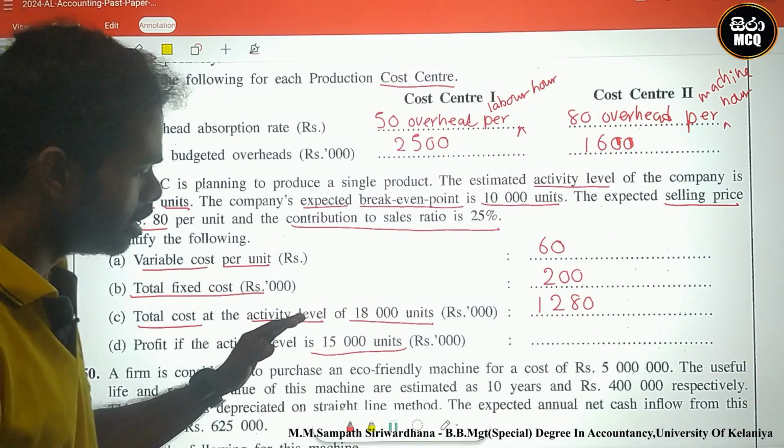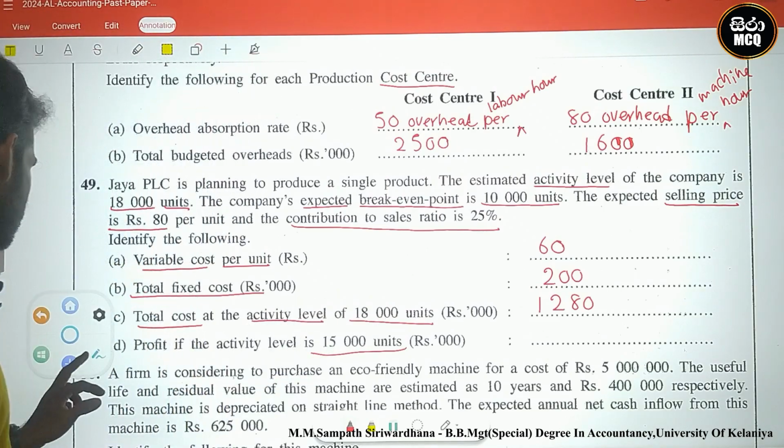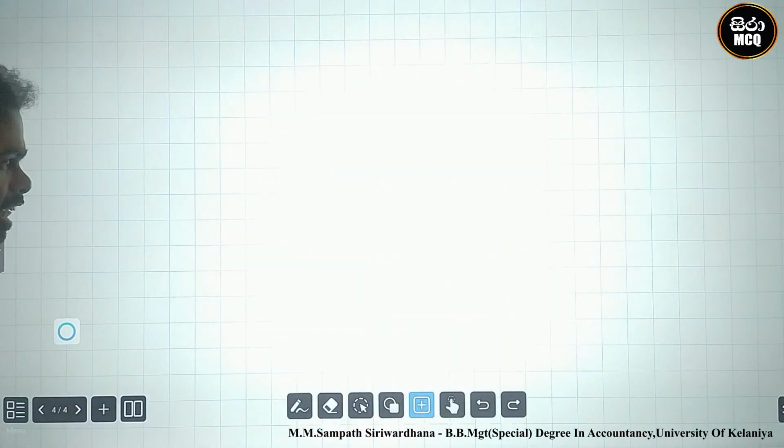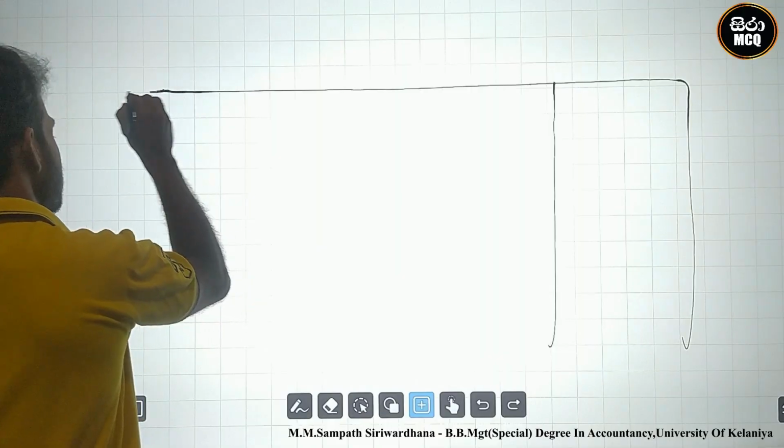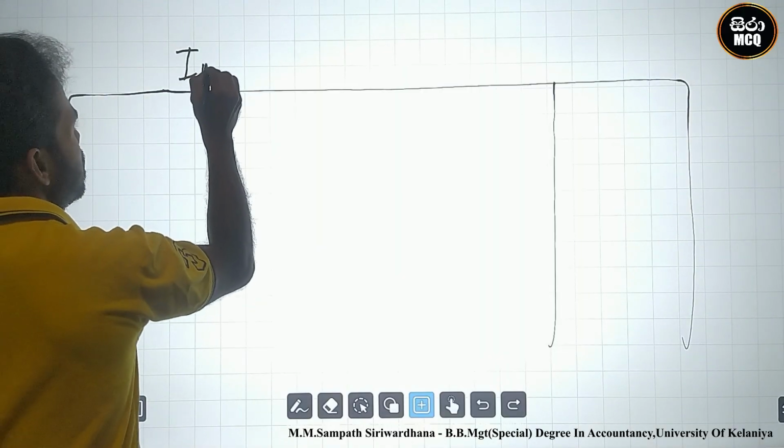Let's see the next one. Profit if the activity level is 15,000 units. We can create an income statement easily and find the answer. There is the income statement.